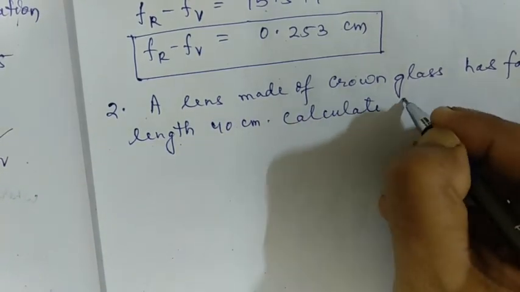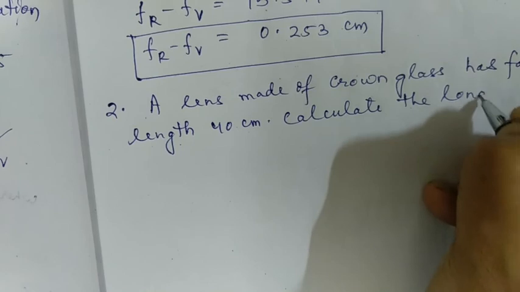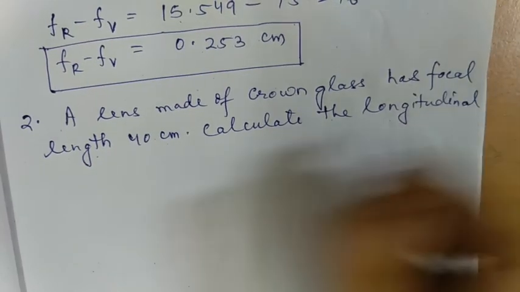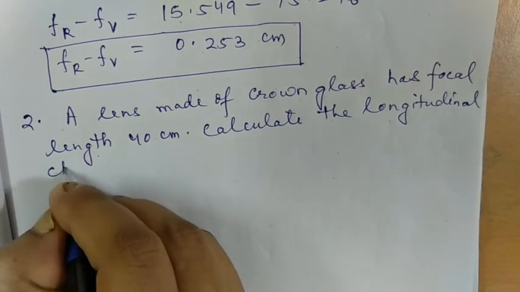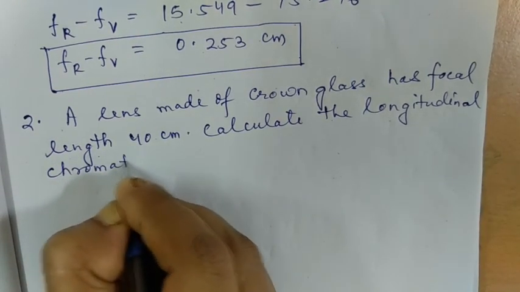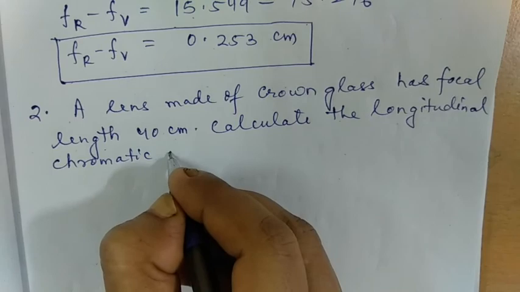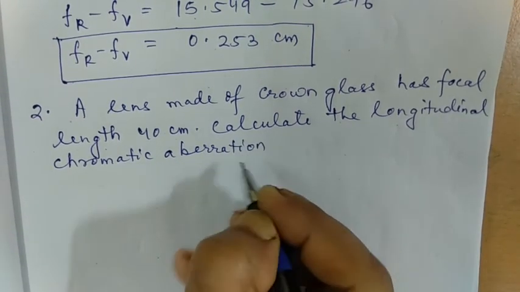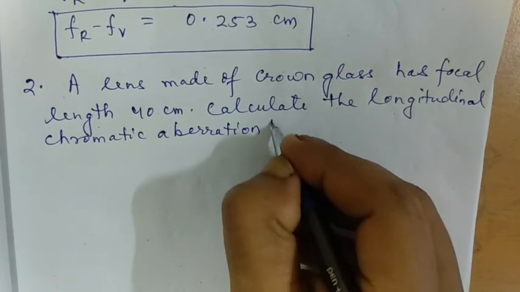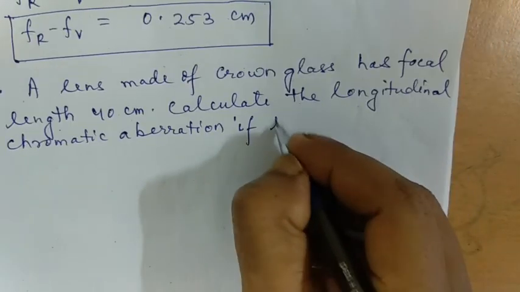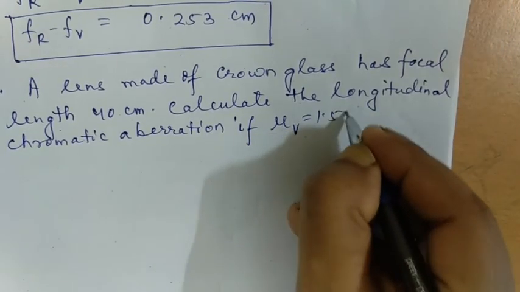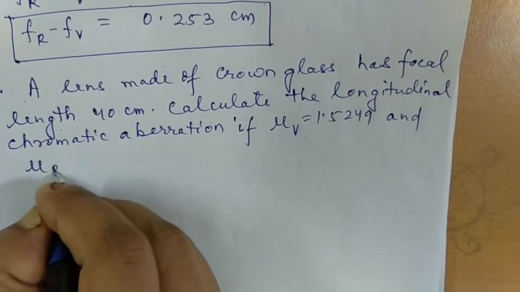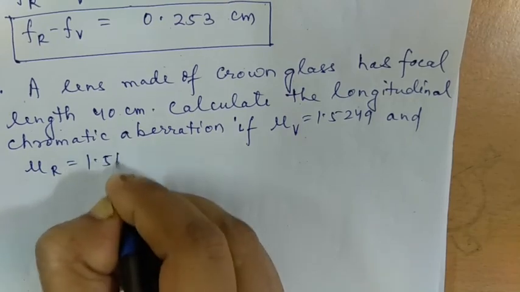Calculate the longitudinal chromatic aberration if mu V is given as 1.5249 and mu R is given as 1.5164.